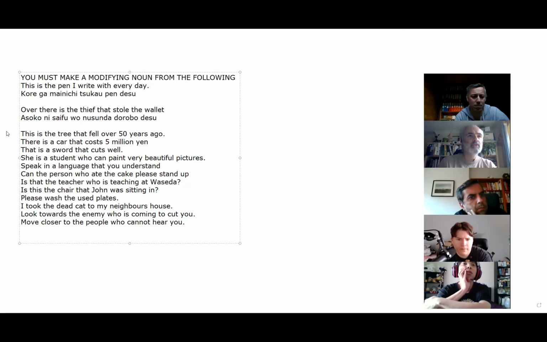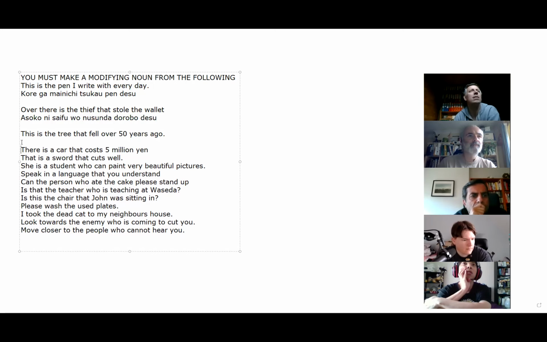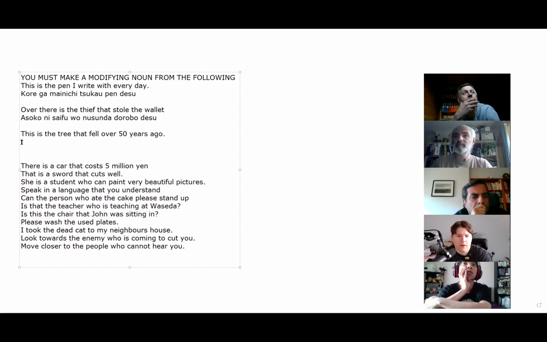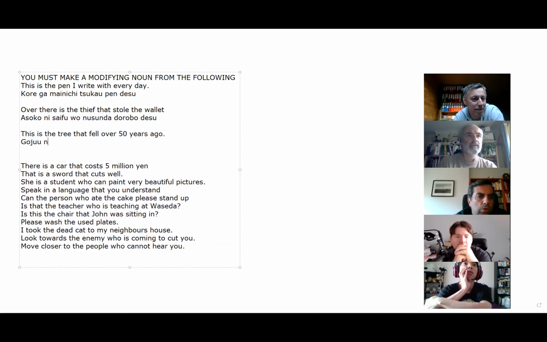David, this is the tree that fell over 50 years ago. Ago is 50年前。Good. これが50年前。Fell over. Sorry, give me a second, David. I've just somehow managed to insert.